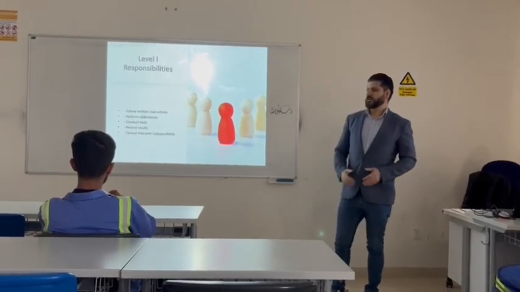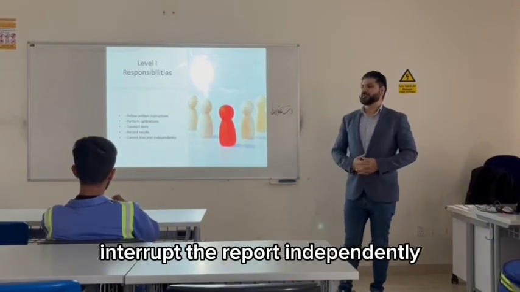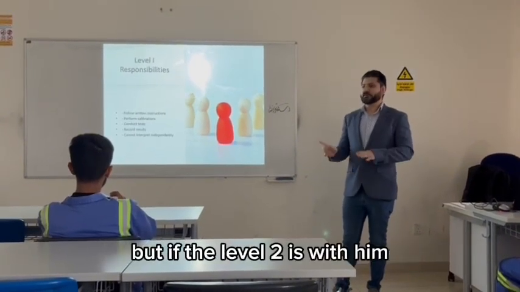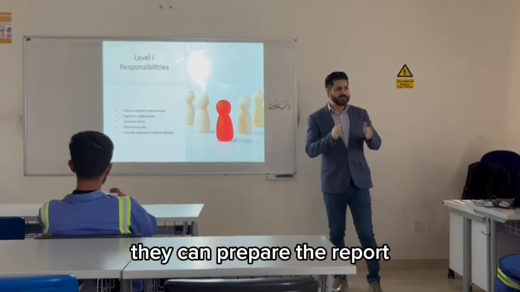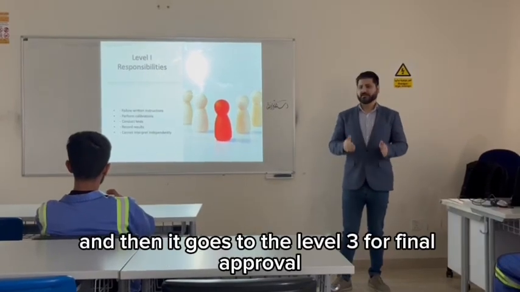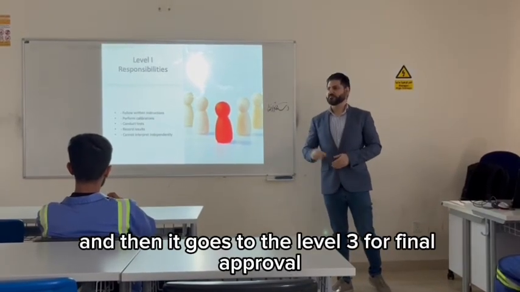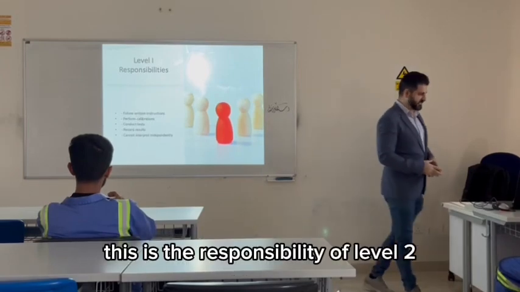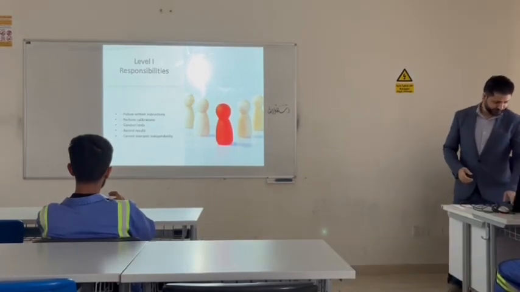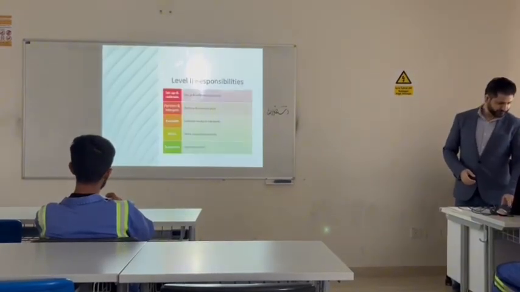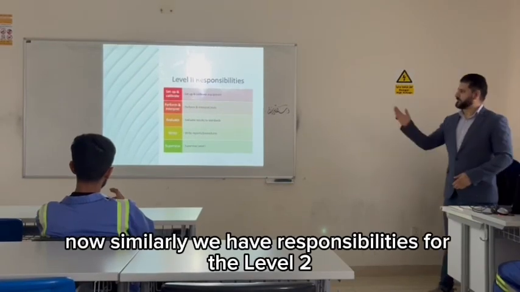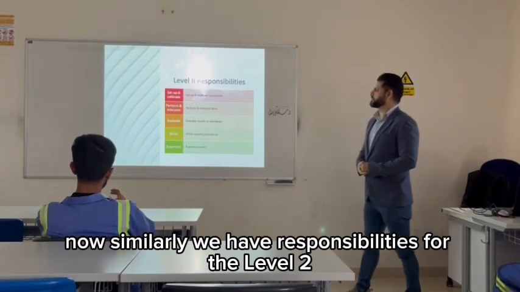So he cannot interpret the report independently, but if the level 2 is with him, they can prepare the report and then it goes to the level 3 for final approval. This is the responsibility of level 2.